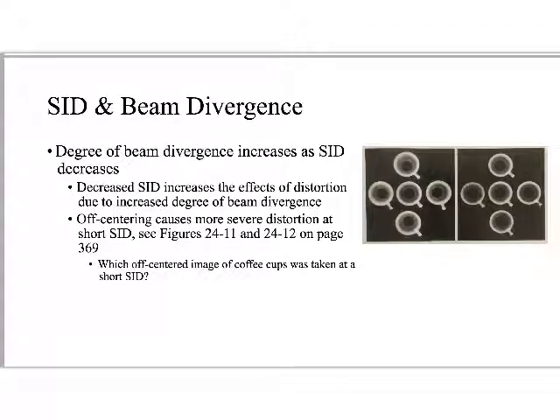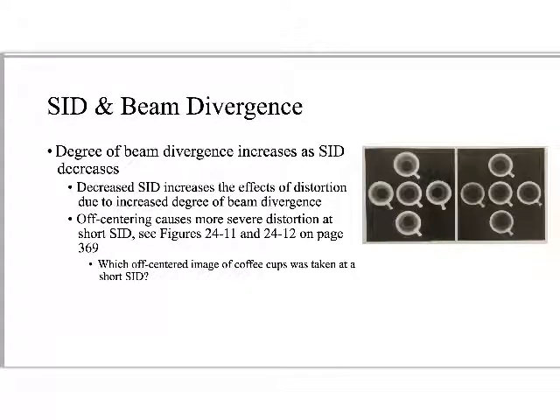And the best illustration I could find of this anywhere is in our textbook on page 367. On page 367, it actually shows you how the degree of beam divergence marches out as we get further from the central ray at different SIDs.